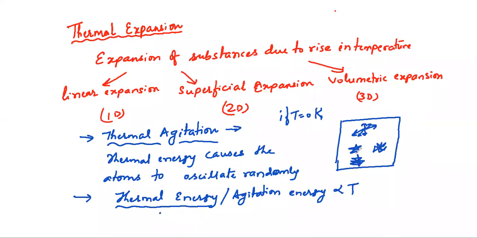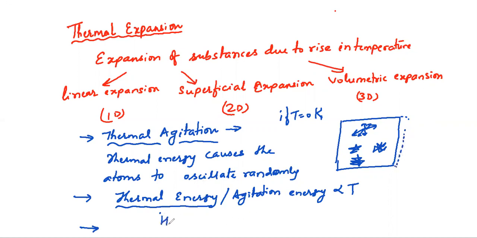Their energy increases, and they start oscillating more randomly. There is an expansion in the substance. This is called thermal expansion.